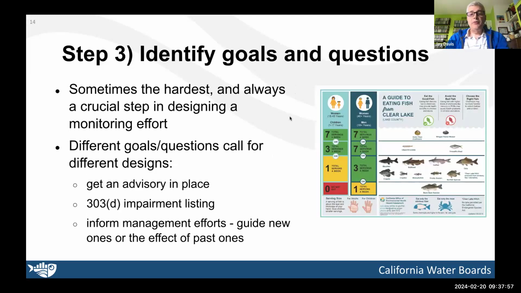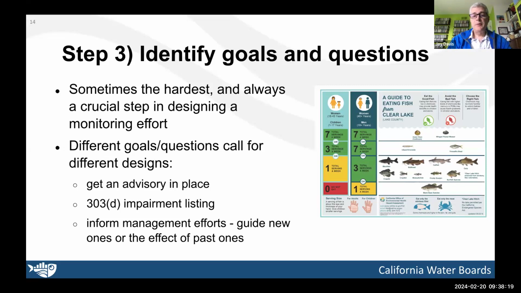Okay, step 3 is identifying the goals and questions that you want to answer. And this is sometimes the hardest thing to do in a monitoring program or project. Sometimes if you're trying to support management actions, it means that you need to know what management actions you're going to take.